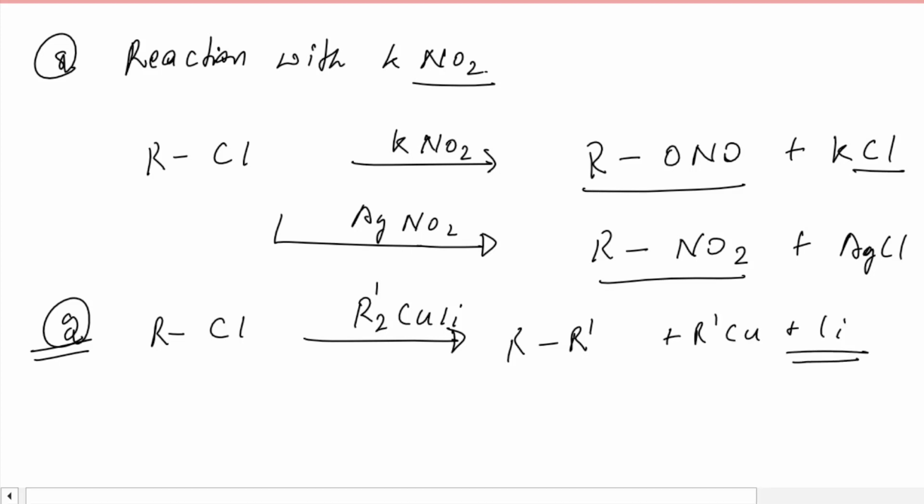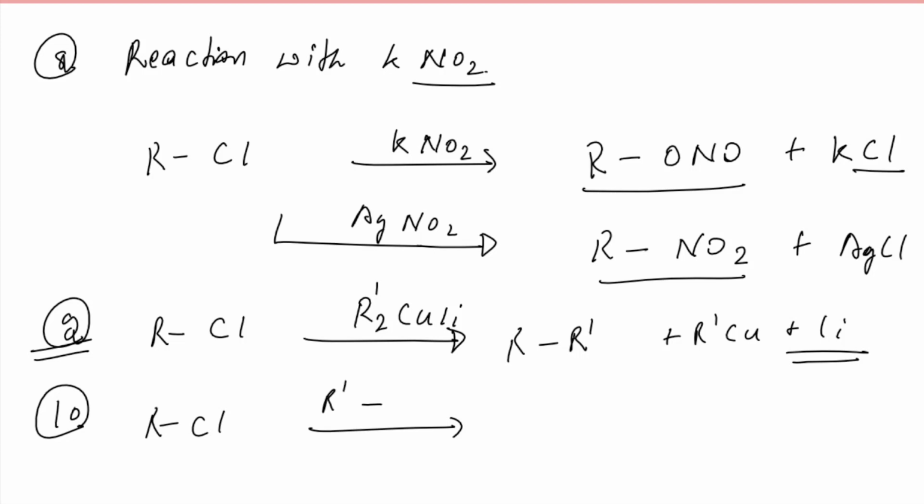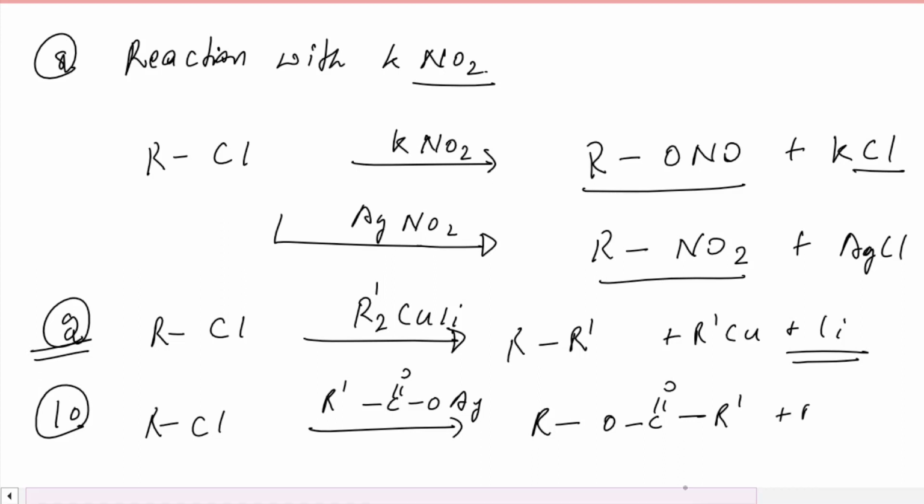This is part of the Corey-House synthesis, which is used for preparing unsymmetrical alkanes. 10th one is reaction of RCl with R'COOAg. This gives rise to the formation of esters plus AgX.